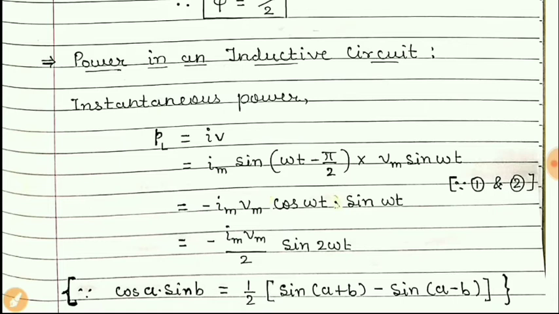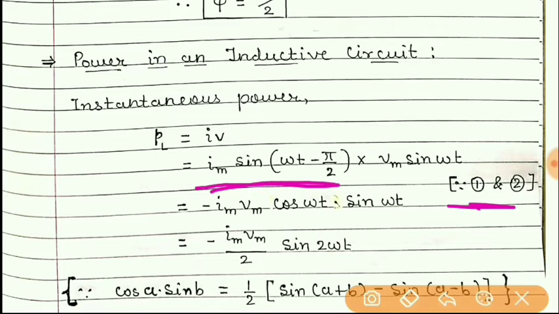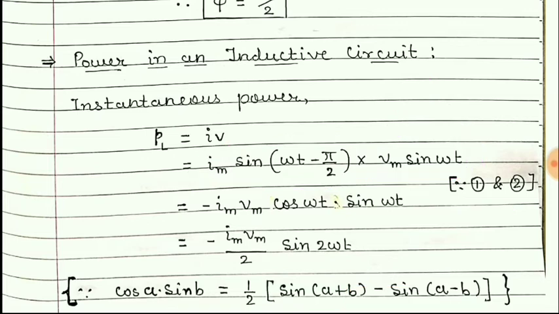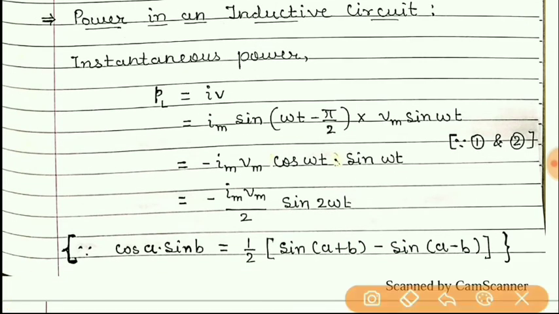But from equation number 1 and 2, value of i is this and value of v is Vm sin omega t. This will remain same for the whole chapter, because voltage we will consider this only. So for this inductor, current obtained is this. Now students, maximum values are constant.